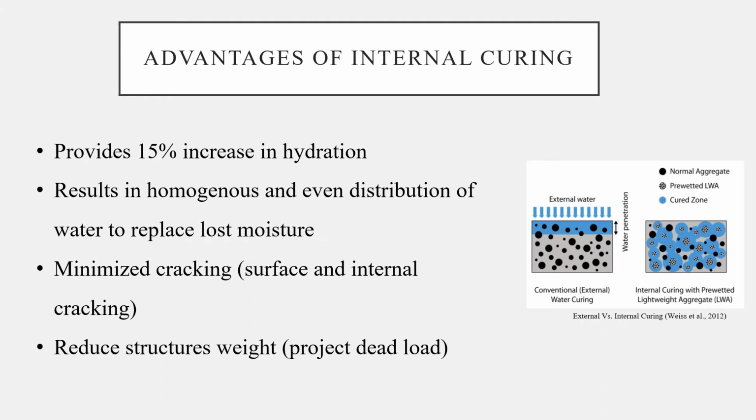Internal curing was proven to produce a 15% increase in hydration, which is a great advantage for concrete curing. It results in minimized cracking compared to external curing, in addition to the fact that lightweight aggregate used as an agent for concrete curing will result in reduced dead load of the structure.